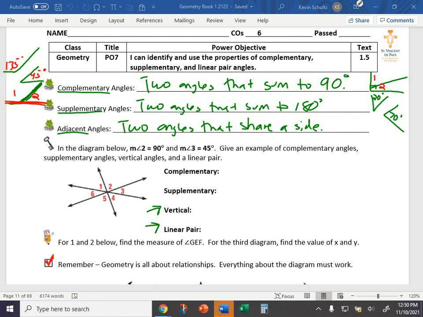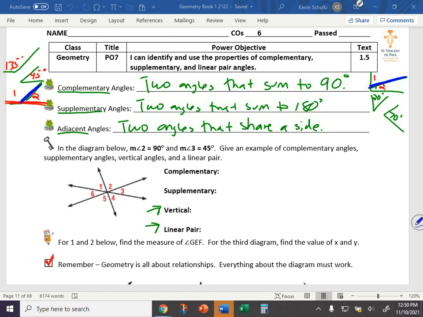So in our original complementary angles example, because these two angles share that side, they would be adjacent. These two angles that don't touch, don't share a side, they are not adjacent angles. Linear pair angles are always also adjacent angles because they share a side, they touch. Those that don't, not adjacent angles. Okay? Good? Got the vocab down?